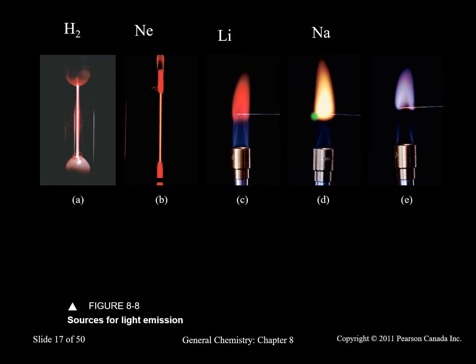Sodium, you're going to see yellow. And don't forget, these are the lower energy. And finally, we have potassium in the higher energy portion of the visible light spectrum. And so you can see that metals give off different colors based on the frequency of their emission spectrum.